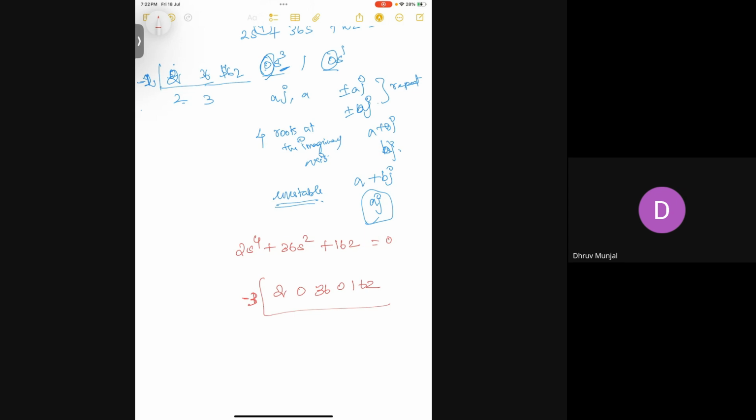How will you consider this? -3, this will be -1, 3, some 39 something will come, and 3 into 39, 162, right? 12, 142, 142 minus, this will give you 20. So this doesn't work.